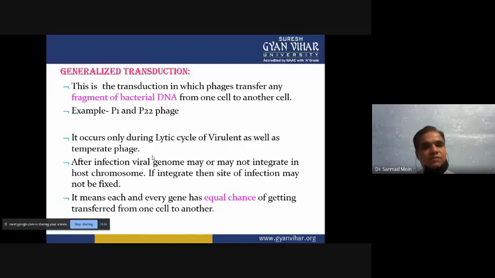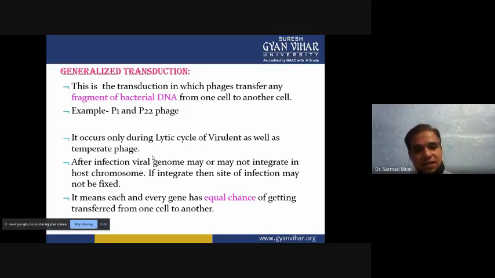Okay. So examples are P1 and P22 types of phage. They will attach anywhere in the bacterial DNA, and they can go for the lytic cycle and the lysogenic cycle, and they are temperate phages only. So when they infect the bacteria, the viral genome may or may not integrate into the host cell.